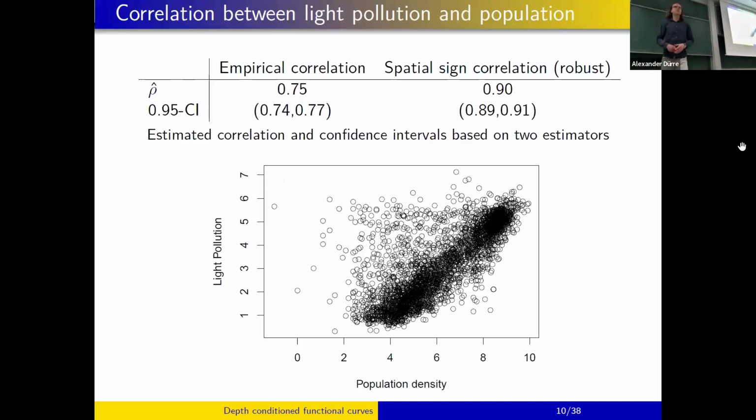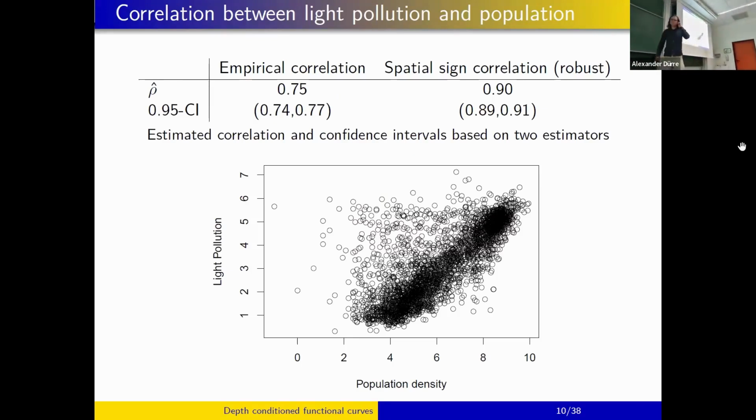So what we have learned now is that the difference of the estimations probably comes from the fact that the empirical correlation mainly measures correlation from these extreme points, and the spatial sign correlation mainly measures the dependence of the central points. And now there is no wrong or right. I mean, you cannot ignore these extreme points, and you cannot ignore the center points.